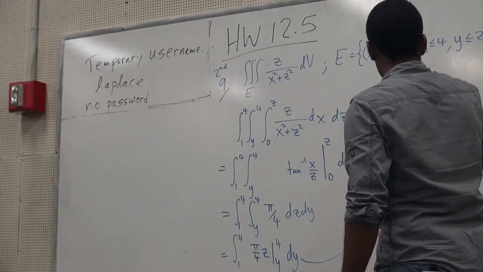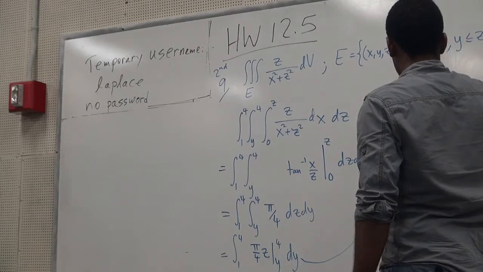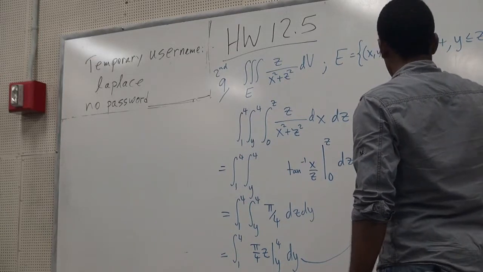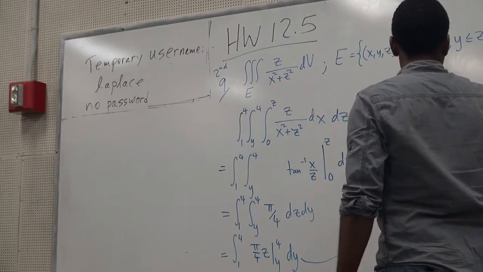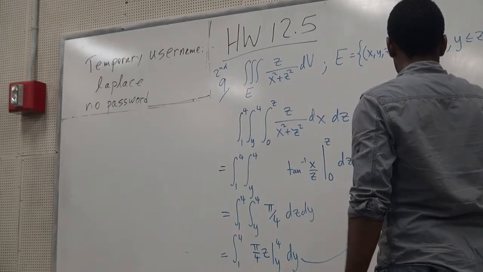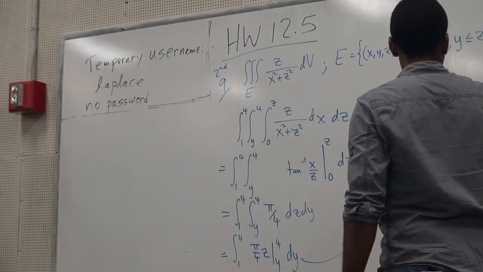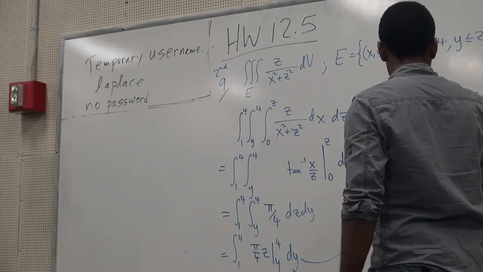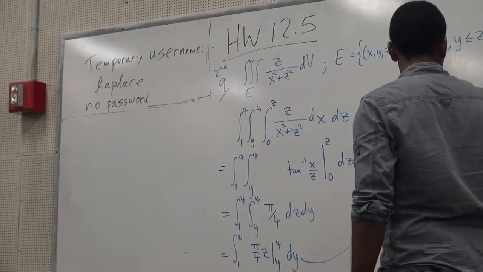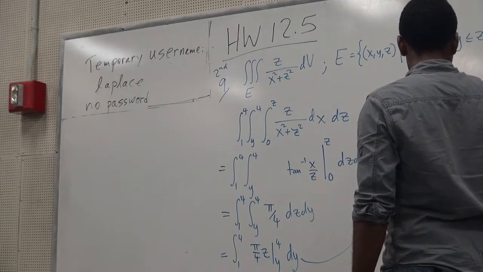Plug in 4, I get pi, minus plug in y, I get pi over 4 y. Pi minus... four squared is 16 divided by 8.